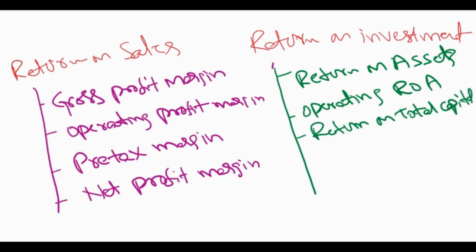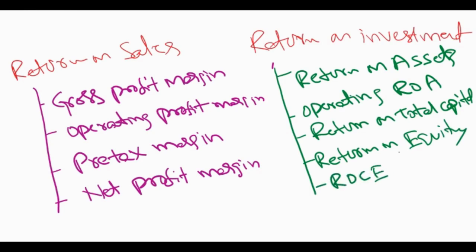And then return on equity, and return on common equity, ROCE. This is ROE, return on equity, and return on common equity. So these are the various profitability ratios that come under either sales or investment.